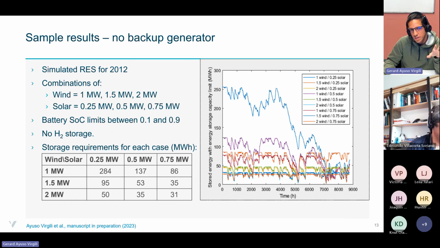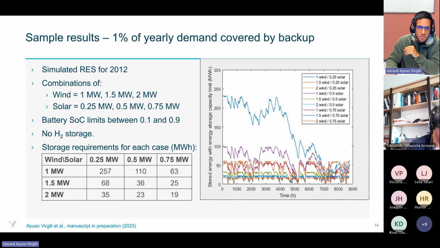Now, this was a case without backup or without hydrogen, so the simplest case of all. In the end, it would be much more complicated, and we don't have time today to go into the rabbit hole. But I can show you another dimension in this study, which is having some backup energy in order to cover the moments where there is either no wind or no solar energy being harvested, which are like the bottleneck of the system of this time series.